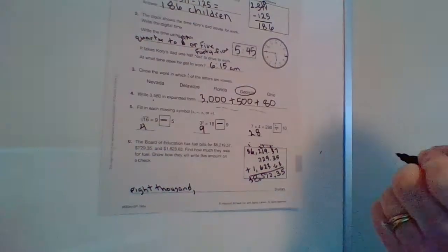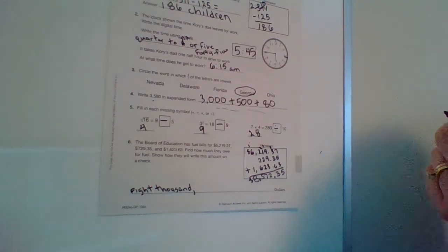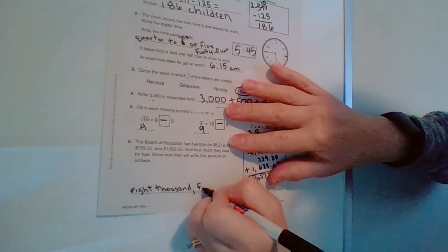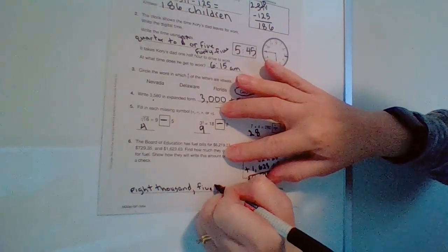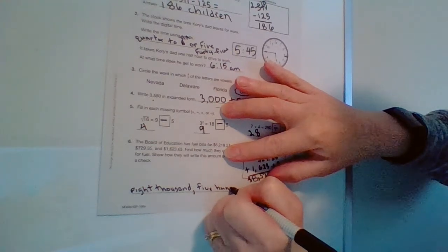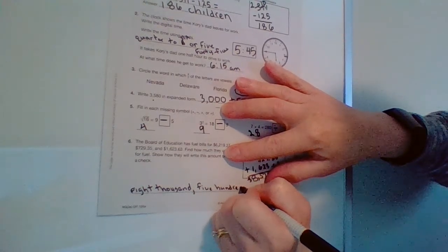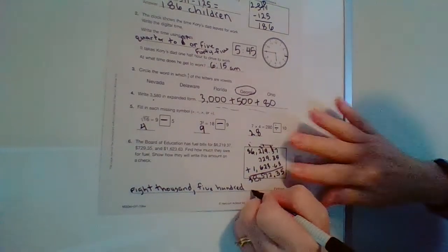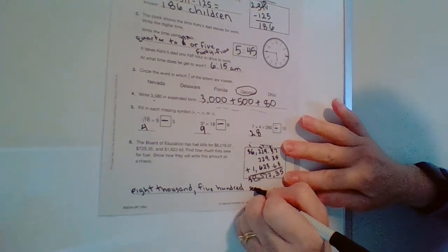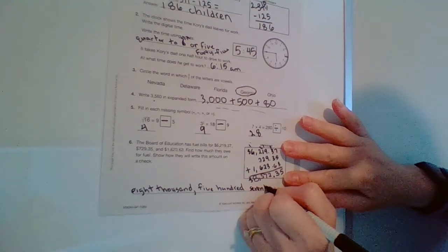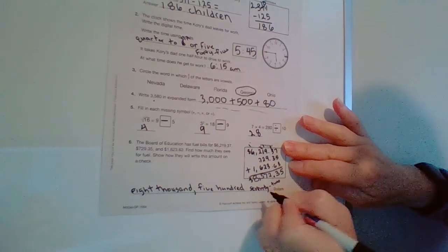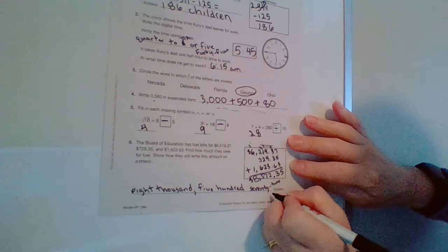Remember your comma after the 1,000. 500. 70 hyphen 2. I ran out of space. Dollars. And don't forget your cents.